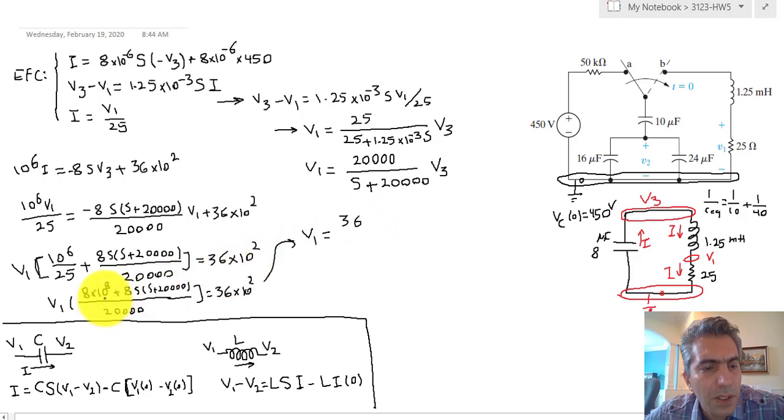From this you can actually simplify here, so we're going to do it later.